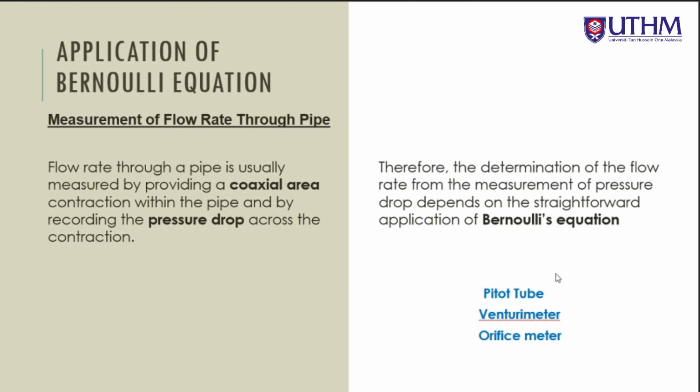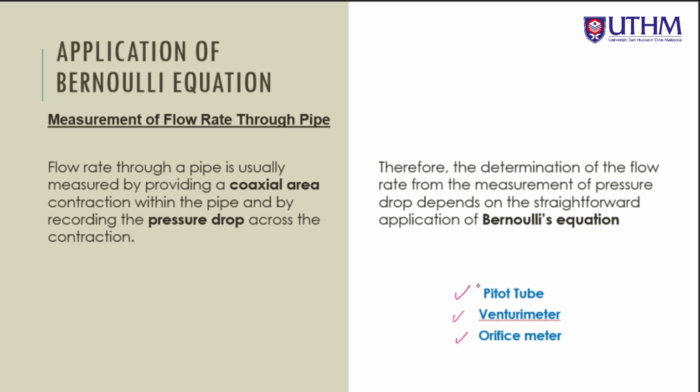Okay, kita continue with some other application of Bernoulli equations, and for this time around kita akan tengok macam mana penggunaan this Bernoulli dalam pitot tube, venturi meter and also orifice meter.